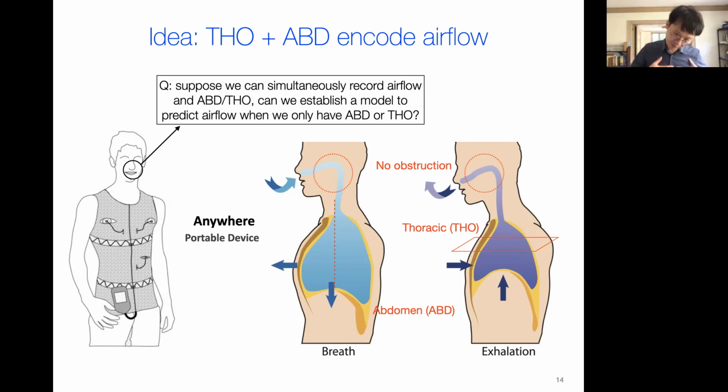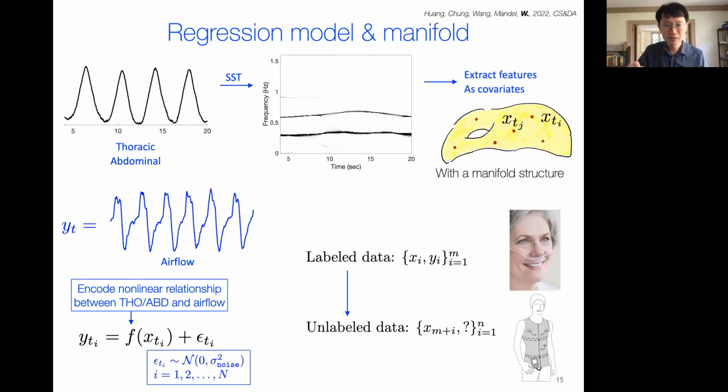And when your thoracic movement is recorded, it actually gives you the XY area information about your lung capacity. So if we can incorporate the thoracic movement and abdominal movement, probably we will be able to recover the airflow signal. So this is a very basic idea, and it turns out it works.